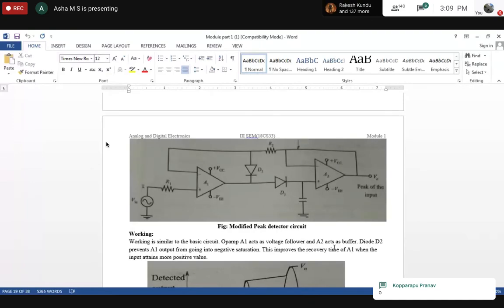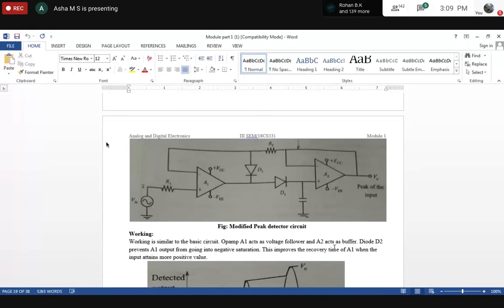So now here, op amp A2 acts as a buffer between the capacitor and the load. A1 is going to take care of that input. Whatever the input is, it acts as a voltage follower and provides the input to D1. Now this diode is forward biased, and this capacitor will charge and detect the peak value.